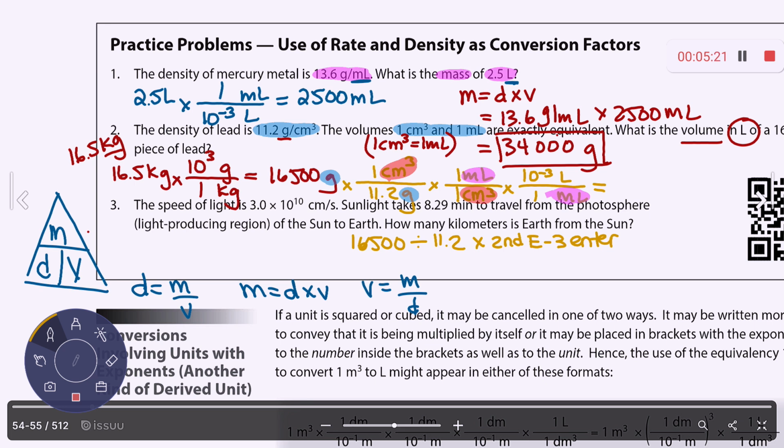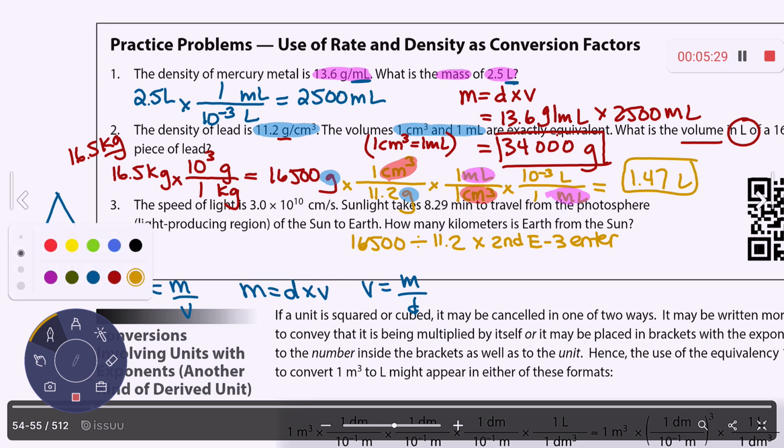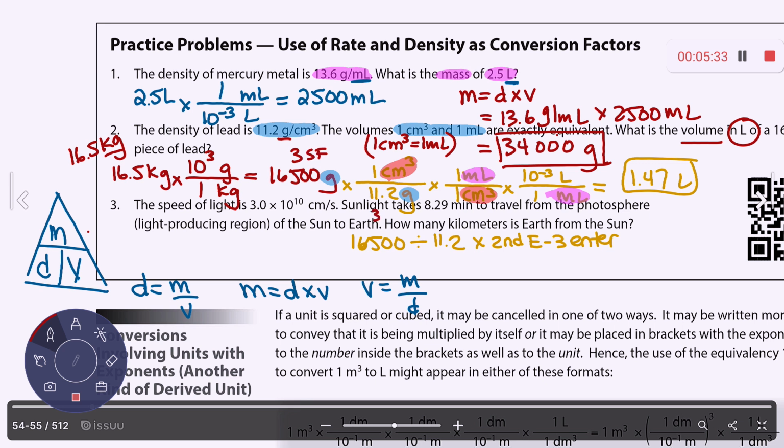So this is going to be, I need 3 sig figs, 1.47 liters. And the reason you need 3 sig figs is because this is 3, this is 3, this is infinite, infinite, infinite, infinite, infinite, and this is 3.